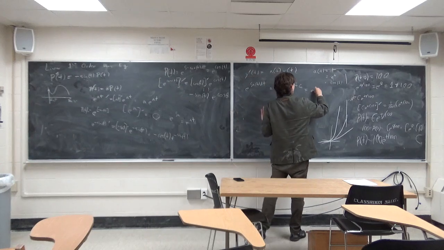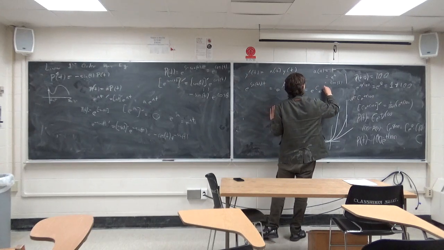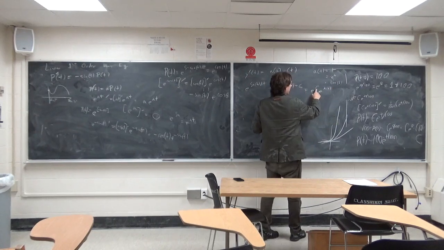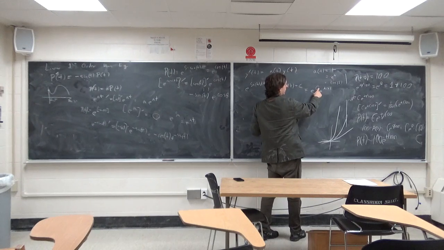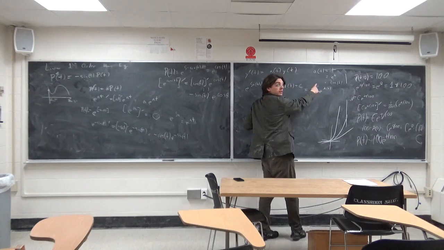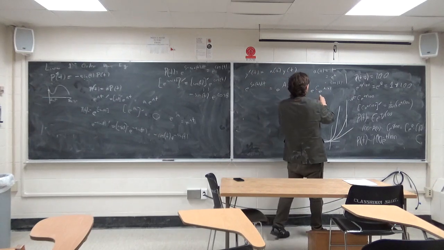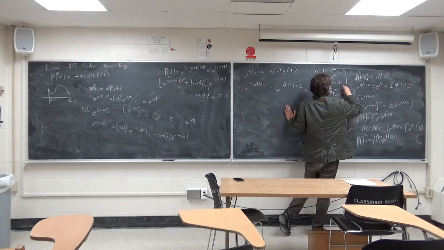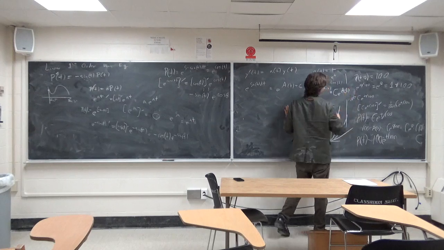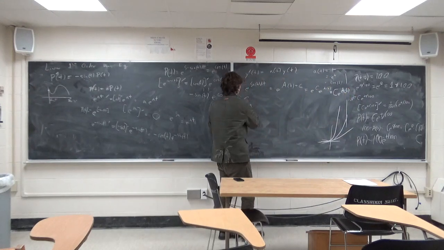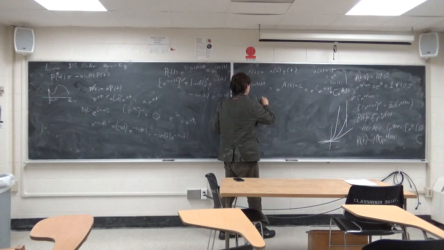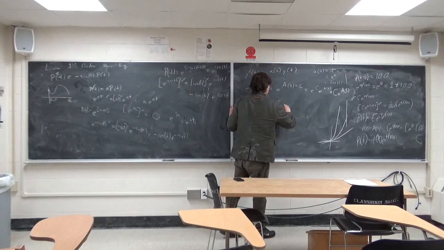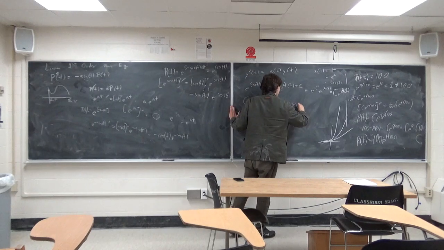That turns into e to the c, e to the A of t. Let's see. So I have e to some arbitrary power. So basically I just have another number right here. As in if I want to, I can just say, oh, this is just C e to the A of t. Okay? So the solutions for this guy all look like this, which you just remember is the integral of a of t.